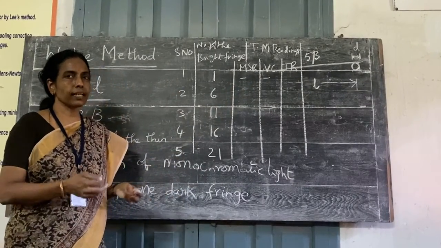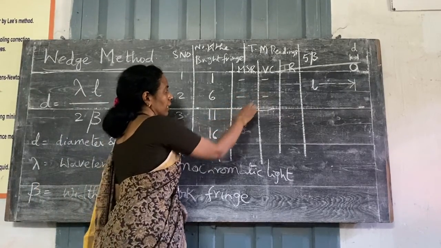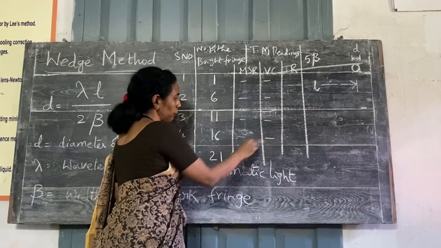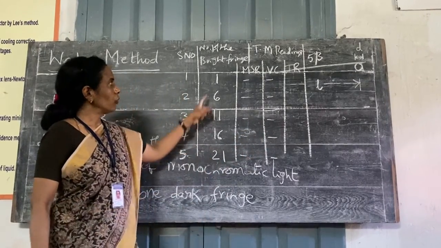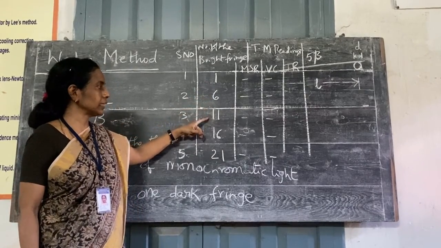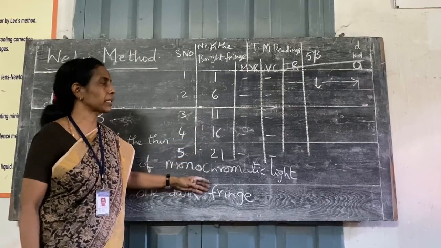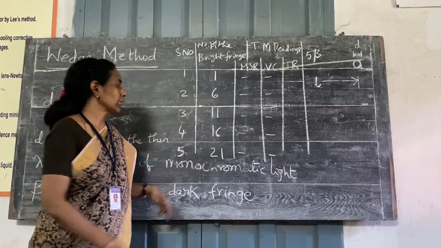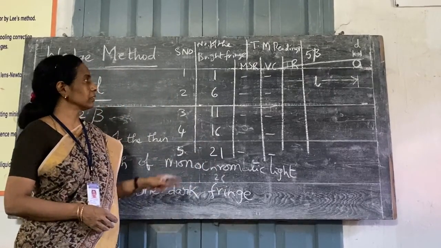After that, sixth bright fringe, MSR and VC. Like that, we will go through up to some observations: 1, 6th bright fringe, 11th bright fringe, 16th bright fringe, 21st bright fringe, after that 26th bright fringe. We will note down like that.